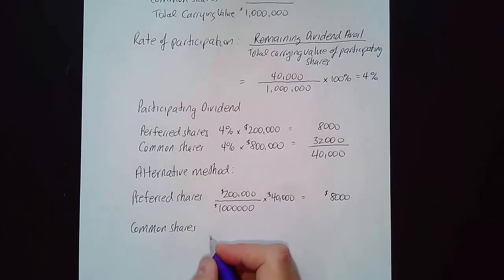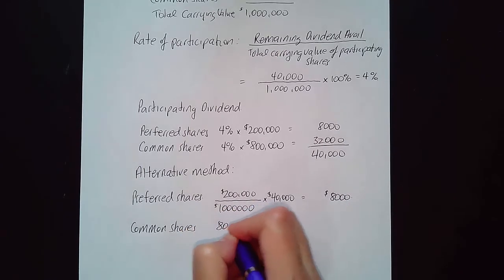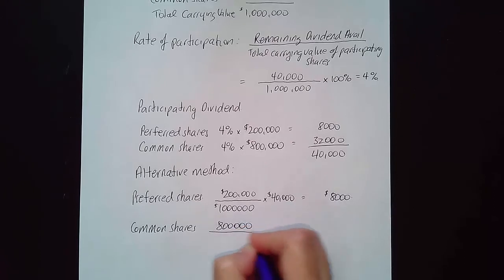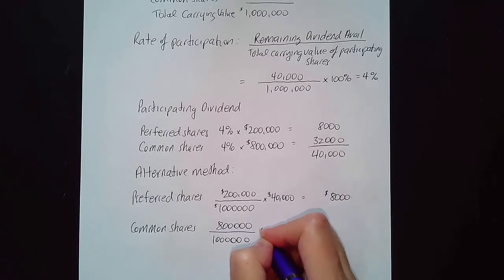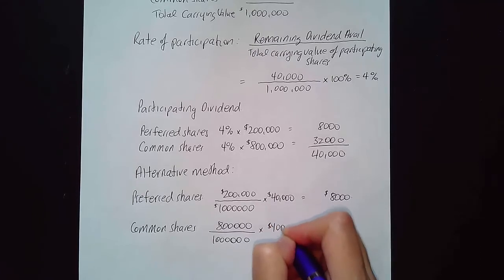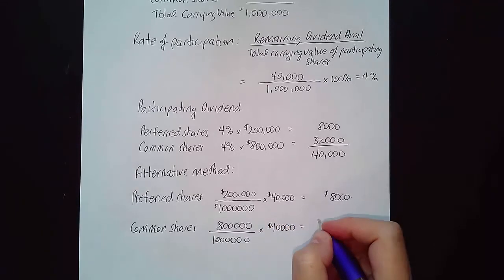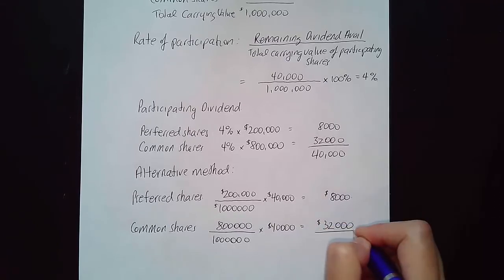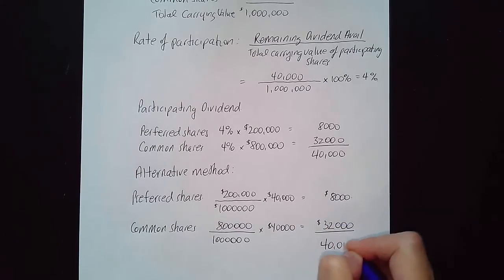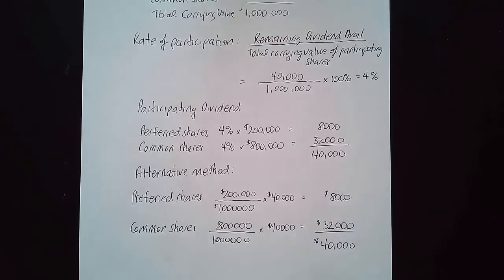We're going to do the same for the common shares. 800,000, the carrying value of the common shares, divided by 1 million, the carrying value of all the participating shares, multiplied by the 40,000, which is the dividend available for participation, and that is equal to $32,000, for a total of $40,000. Either method can be used to calculate the participating dividend.